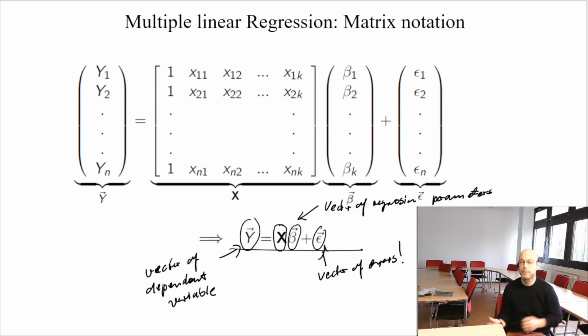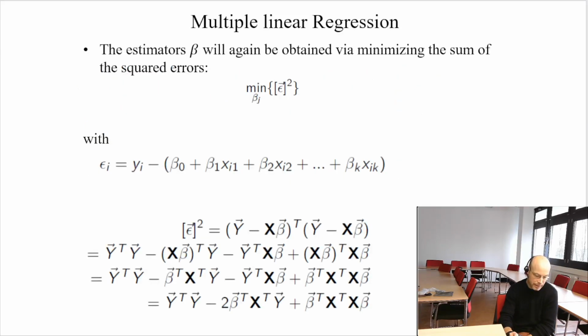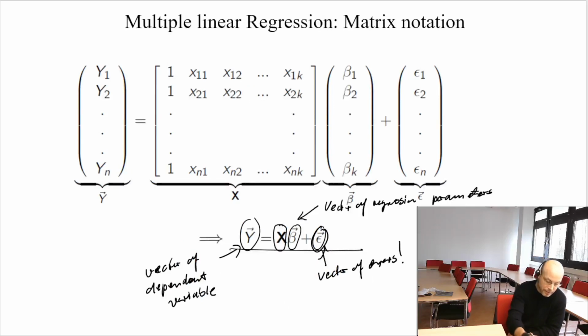Well, and again, of course, we want then to minimize the sum of the squared errors. And how can we do this? Well, from this we can of course just write epsilon vector is y vector minus x b vector.